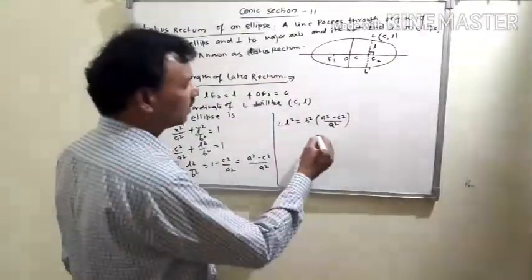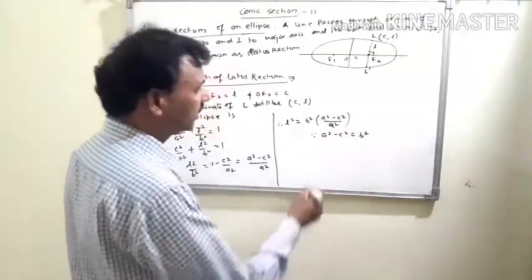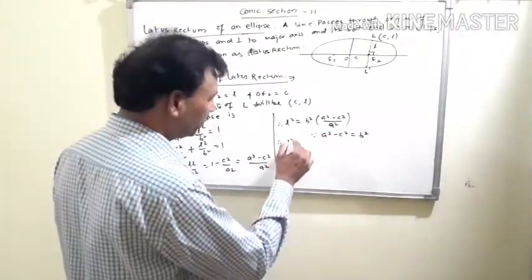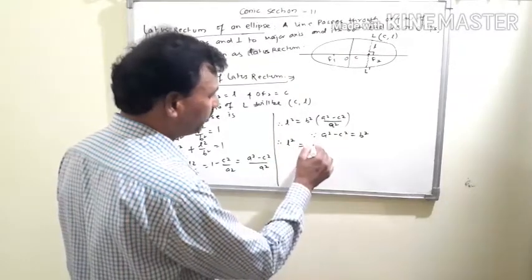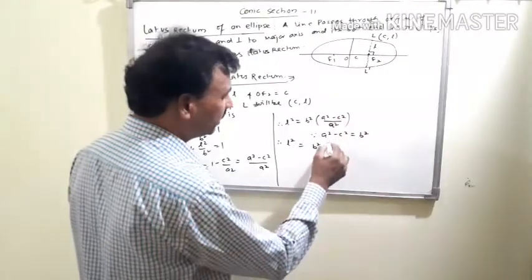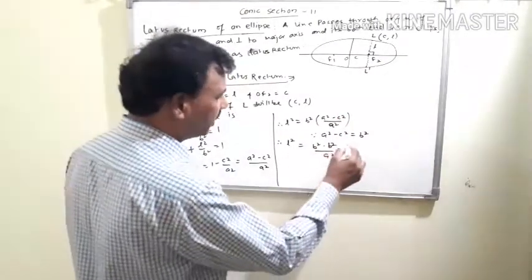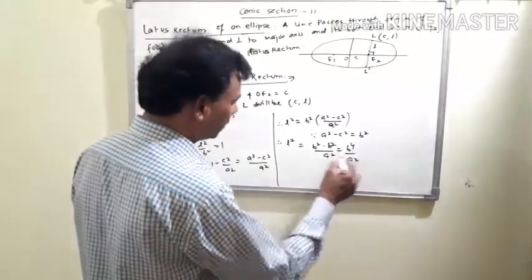Since a square minus c square equals b square, l square equals b square into b square upon a square. This will be equal to b raised to the power 4 upon a square.